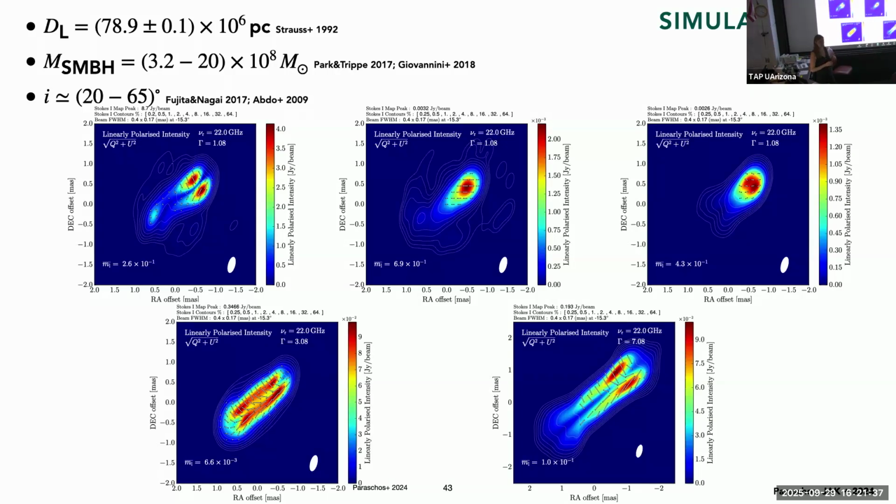And the poloidal case in my simulations has the standing feature as well. So it mimics that the best. However, the jet power is way too high in our simulations compared to the observations.